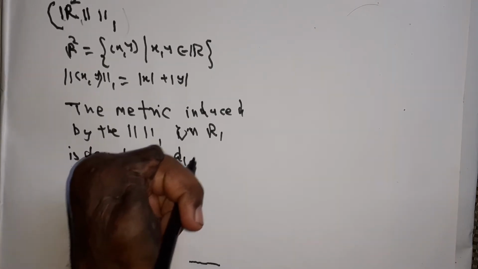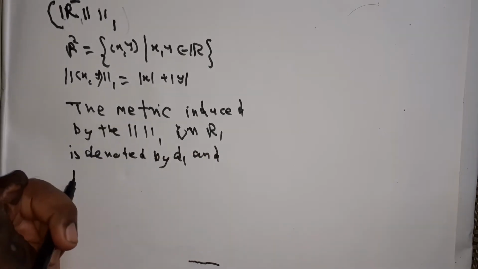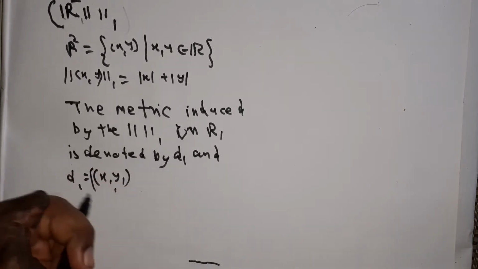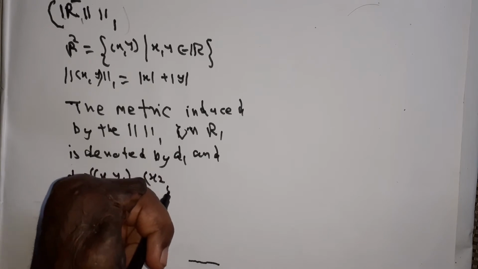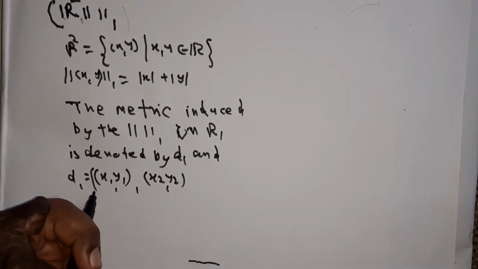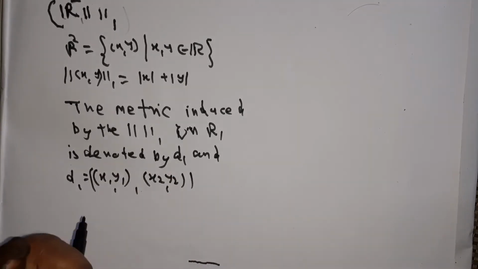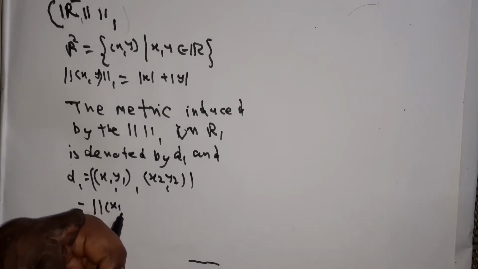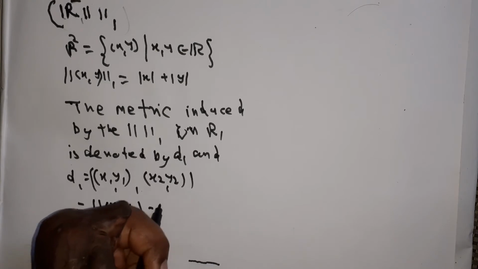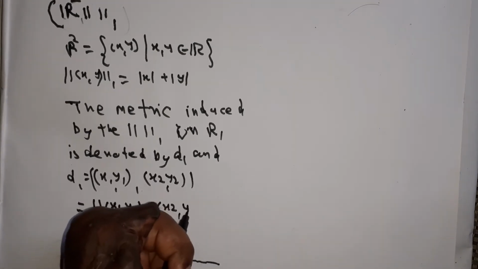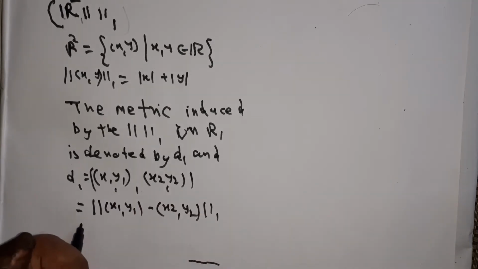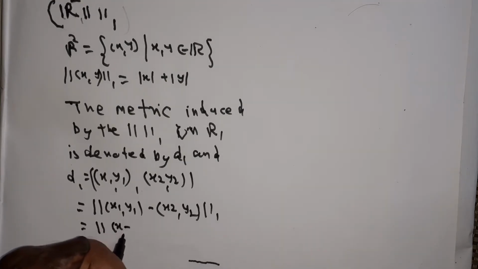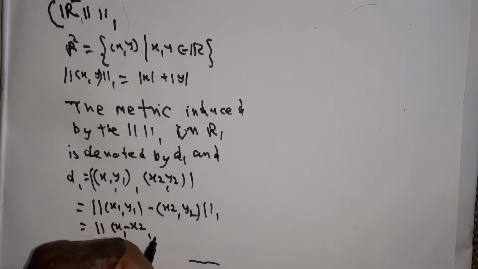D1, the distance between the points x1 comma y1 and x2 comma y2, is equal to norm 1 of the point x1 comma y1 minus x2 comma y2, which is equal to norm 1 of x1 minus x2 comma y1 minus y2.